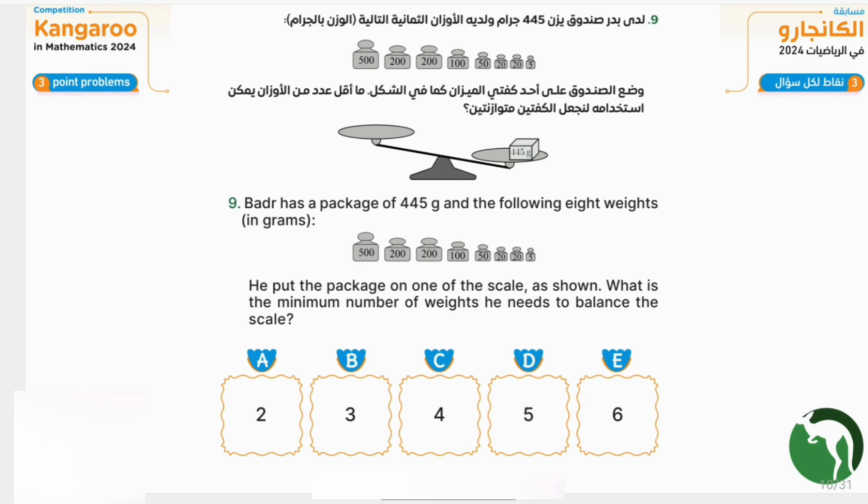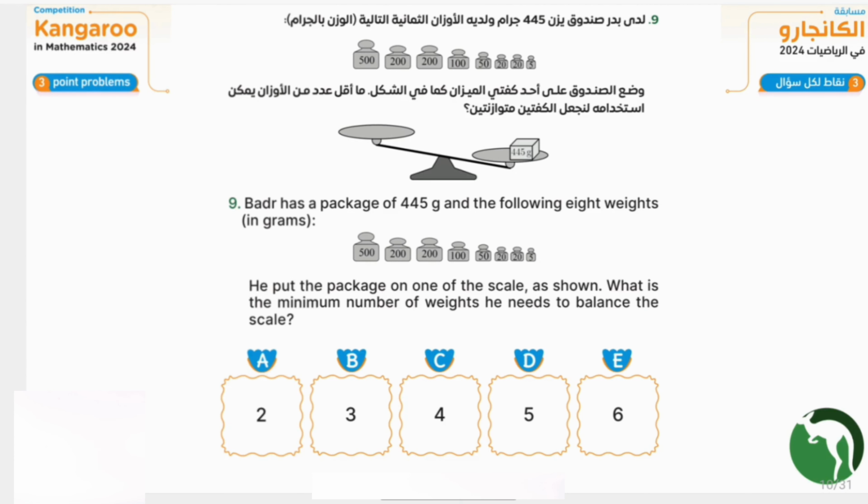So maybe the first solution that comes to our mind is to put on the other side these 2. So we will have 400 and then these 2 and this one, right? But here we used 5 weights.